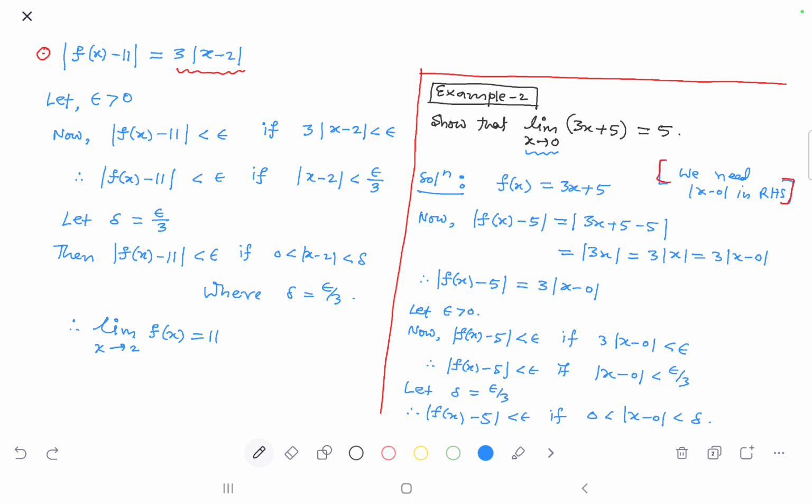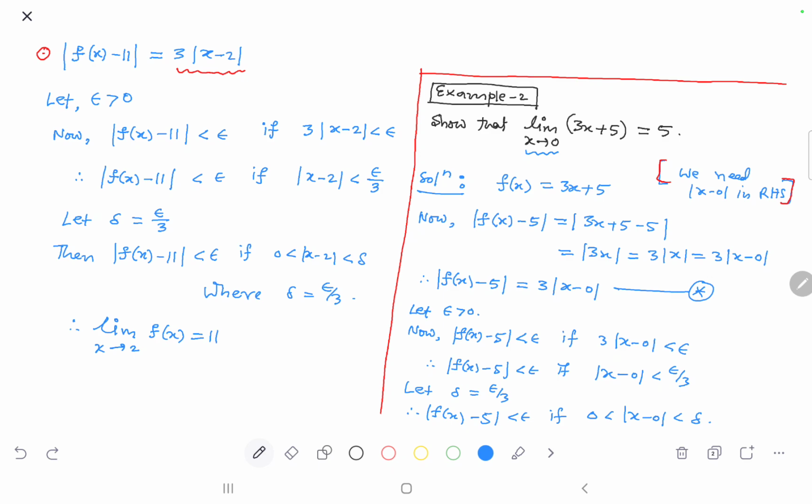Firstly, this is the important part: you have to develop this equation, |f(x) - limit| equals 3 times |x - a|. Then choose epsilon. This is less than epsilon if this expression is less than epsilon. Okay, pretty clear.